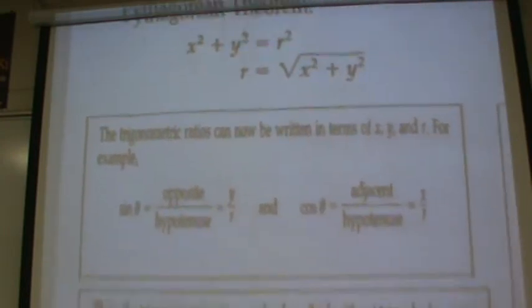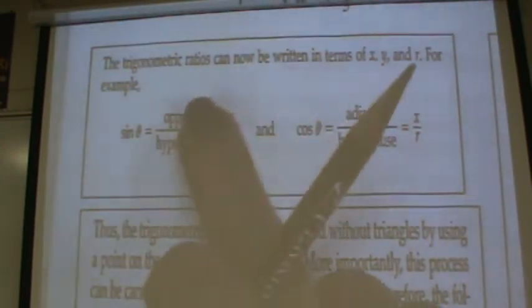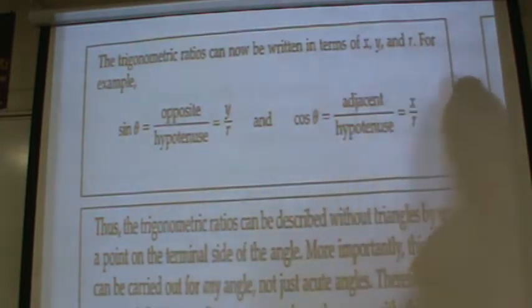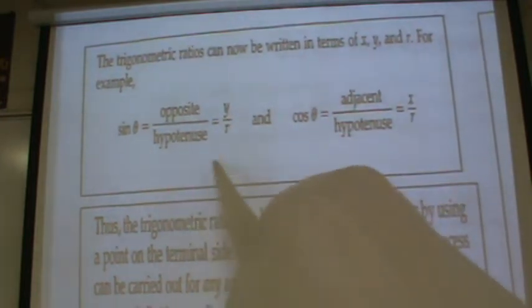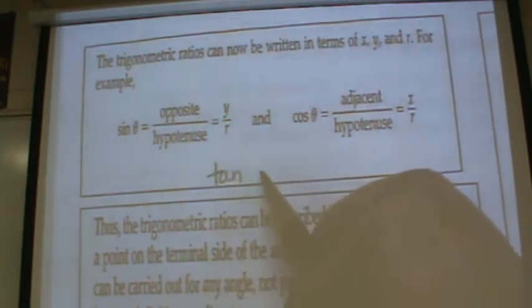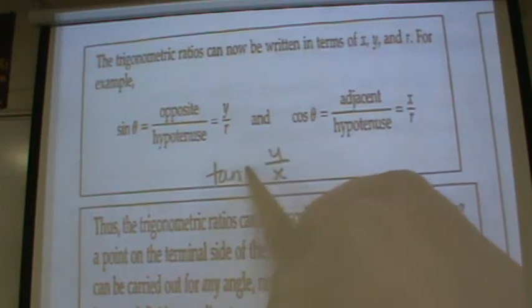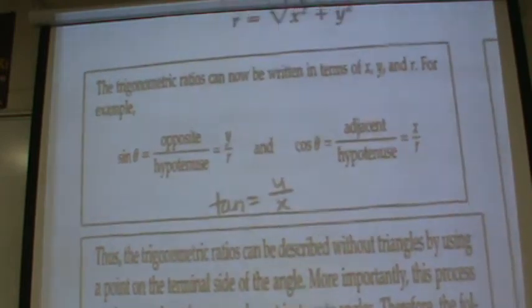So that's what that whole first page talks about here. It talks about sine is opposite over hypotenuse or y over r. Cosine is adjacent over hypotenuse or x over r. And then tangent, instead of saying side opposite over adjacent, you can say y over x. Okay?